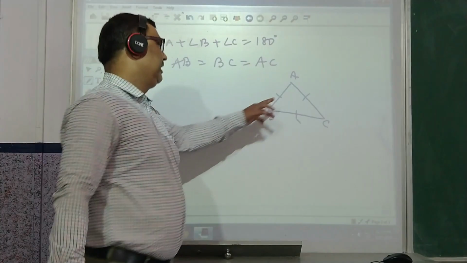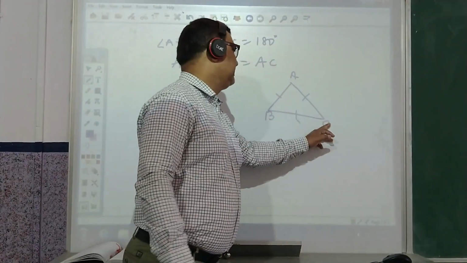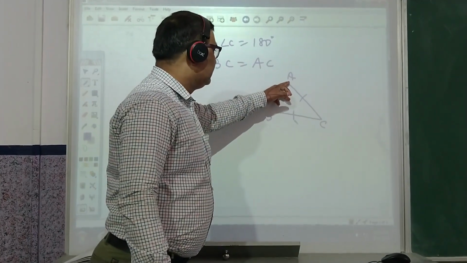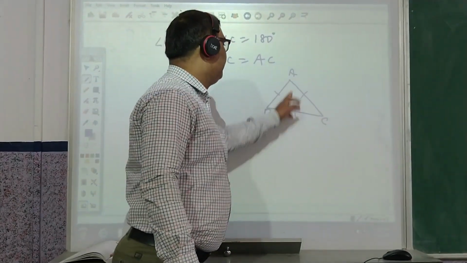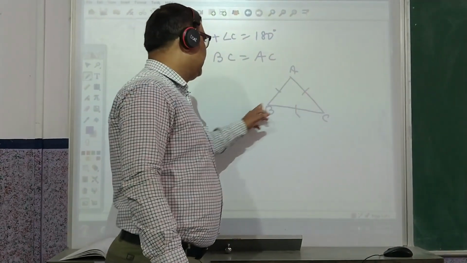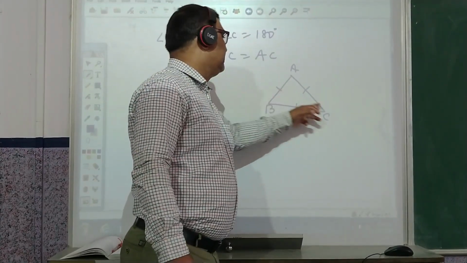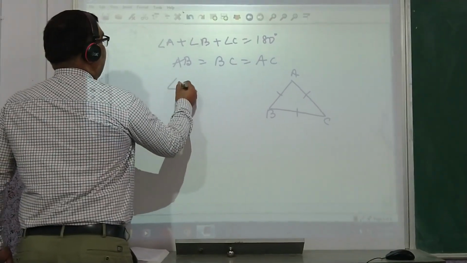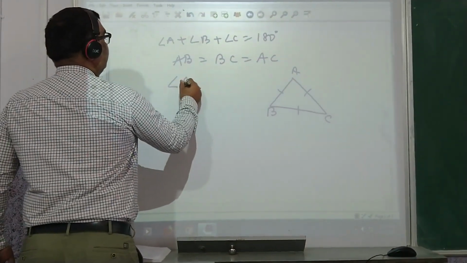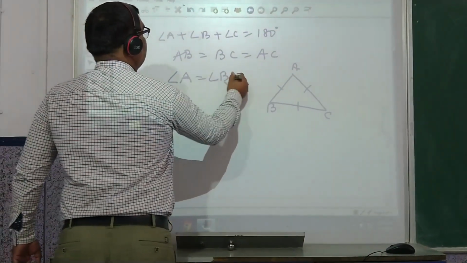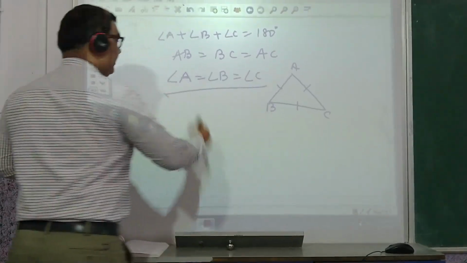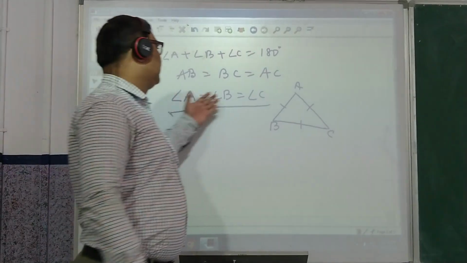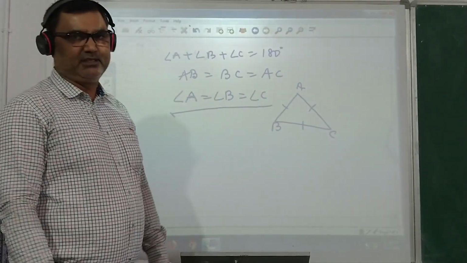All are equal, AB equals BC equals AC. So the angles opposite to BC, AC, and AB are all equal, meaning angle A equals B equals C. And if they are equal, each one must be 60, 60, 60.